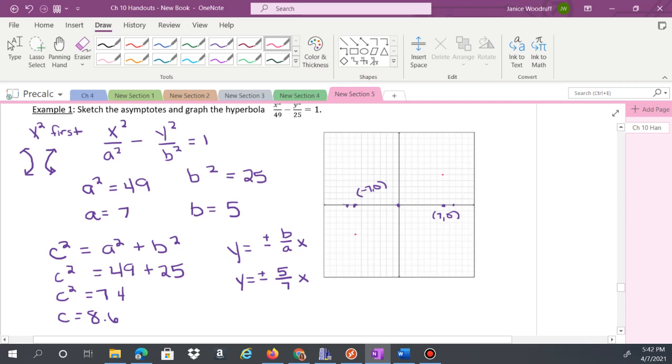And there's one line. And then you're just going to go the opposite. So up 5 to the left 7, and then down 5 to the right 7. And then do your best to draw the lines here. So that's not good. Try and fix it if it will let me. There we go. And then the other line.